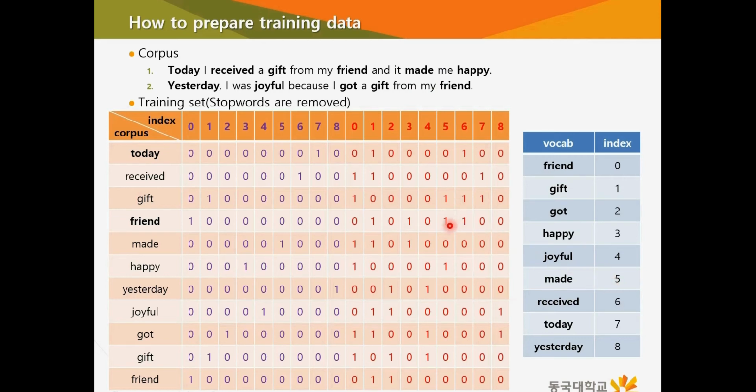So index 5 is denoted as 1. And then "happy" is at index 3. So index 3 is denoted as 1. So all these 4 positions are denoted as 1, but 0 for all the rest of the positions.